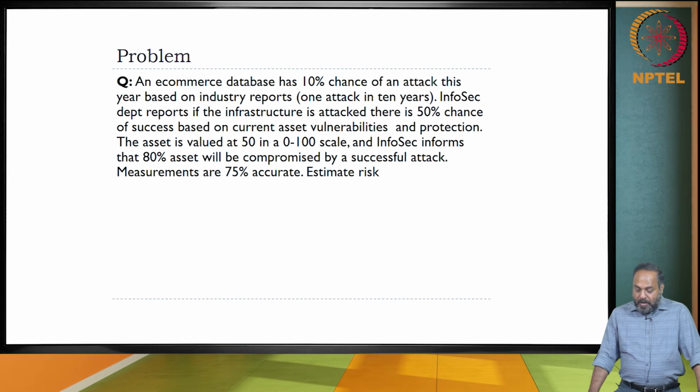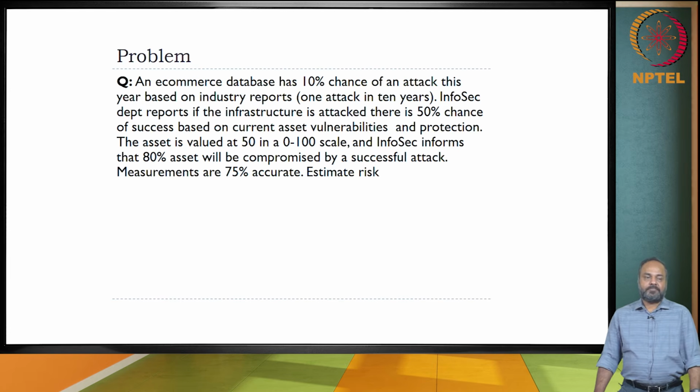Okay. So, you got the two probabilities there, and the asset is valued at 50, on a scale of 0 to 100, and InfoSec informs that 80% of the asset will be compromised by a successful attack. Okay. So, you have the exposure there. Measurements are 75% accurate.